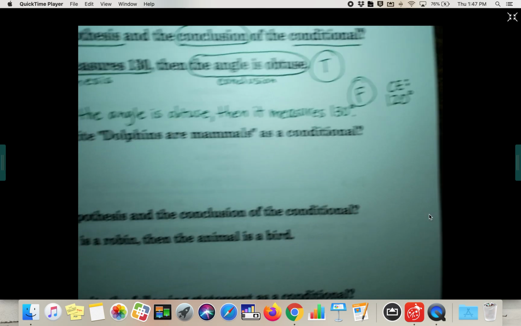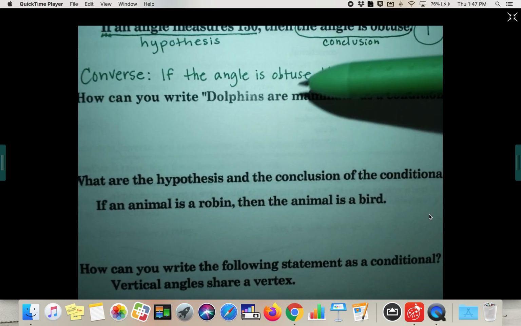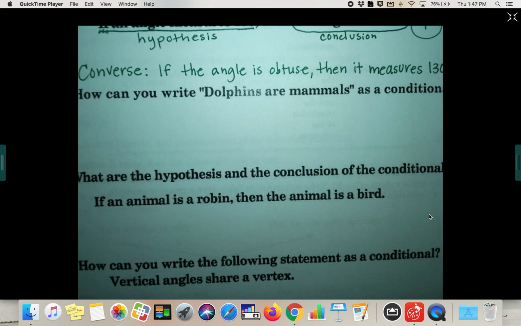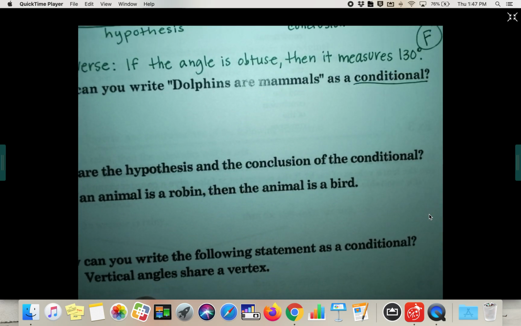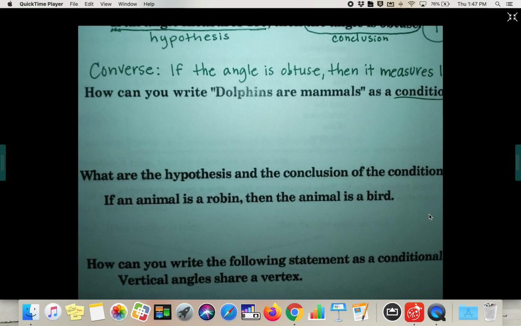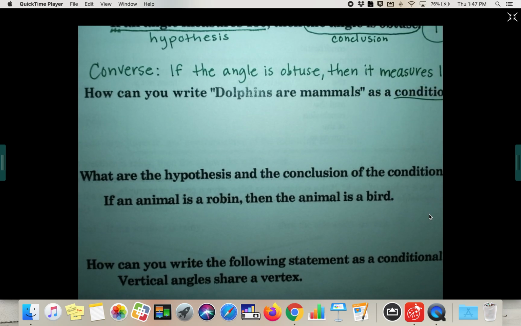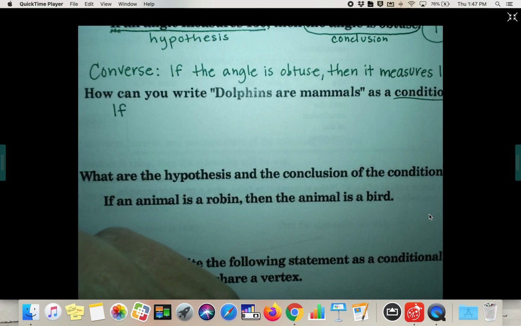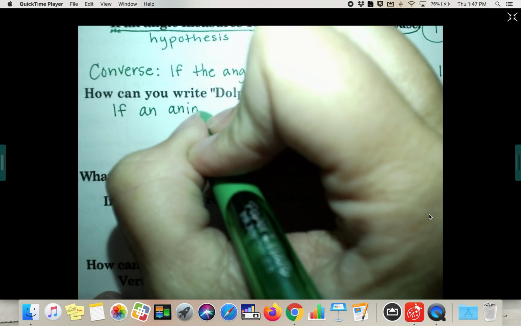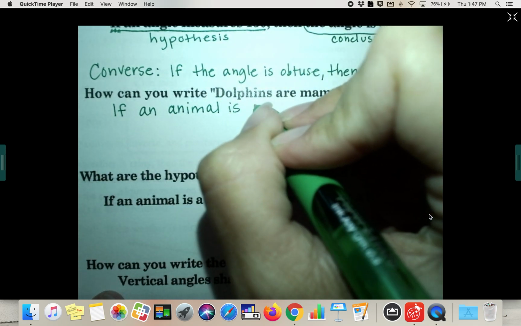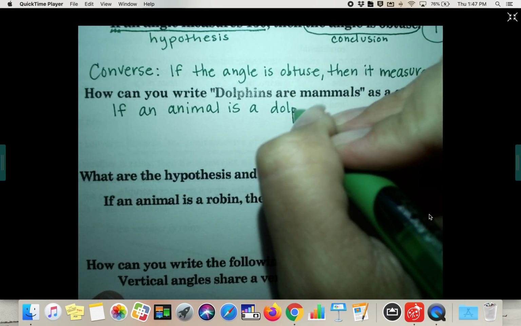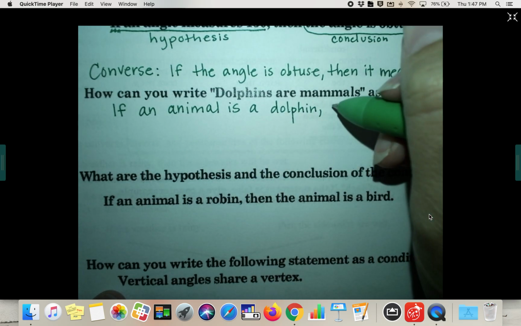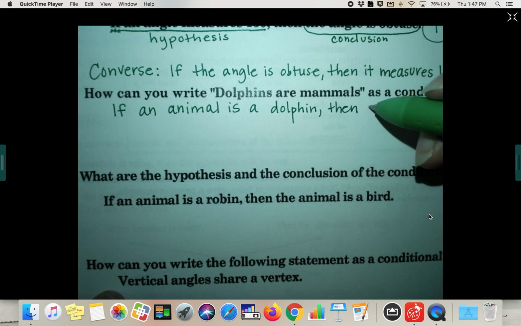All right, let's look at example 2. How can you write dolphins are mammals as a conditional? Remember, a conditional statement has an if-then format. What about if an animal is a dolphin, then it is a mammal.